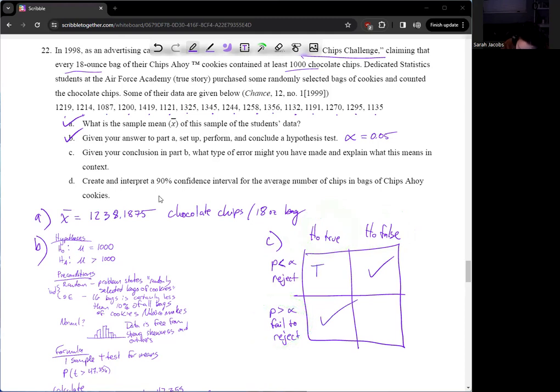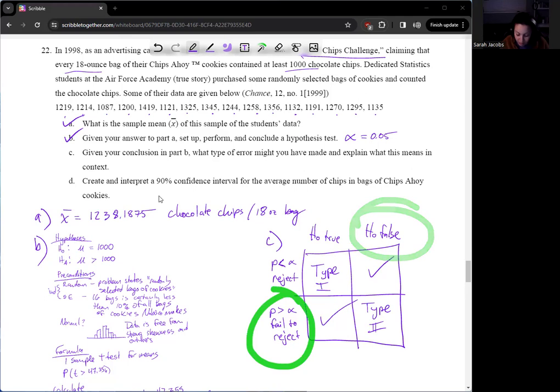Type 1 is when the null is true, but we reject it because we just got one of those weird edge cases. We were really to the left or really to the right on the sampling distribution, but we're still in the mix. Type 2 is when the null hypothesis is false, but we fail to reject it, right?